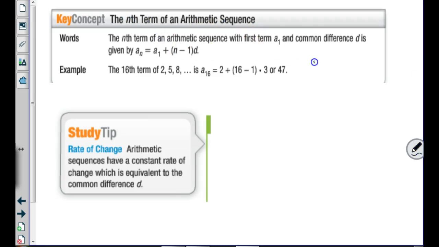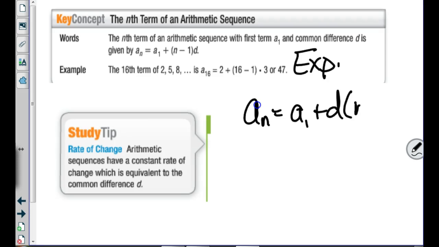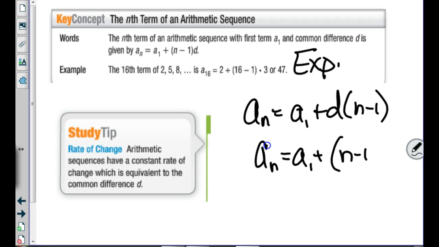The nth term, remember this is called explicit, and it is on your reference sheet. We wrote it like this when we talked about it the first day. It looks to me like the book puts the D at the back, which doesn't matter. Are we good? What does the D stand for again?